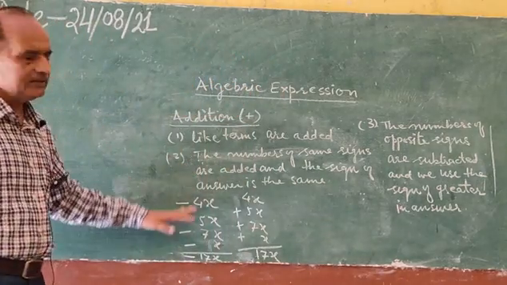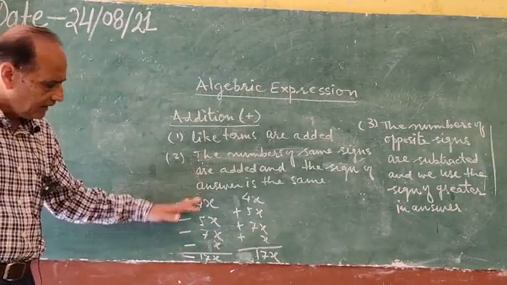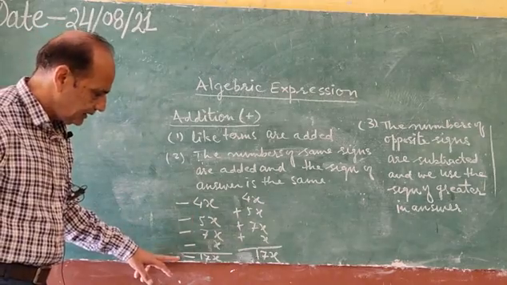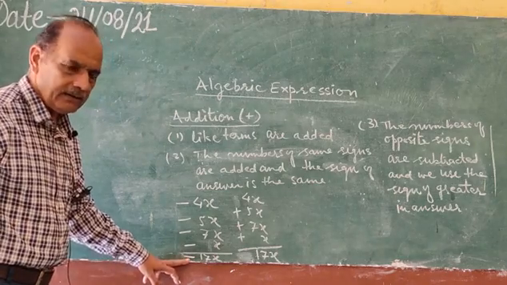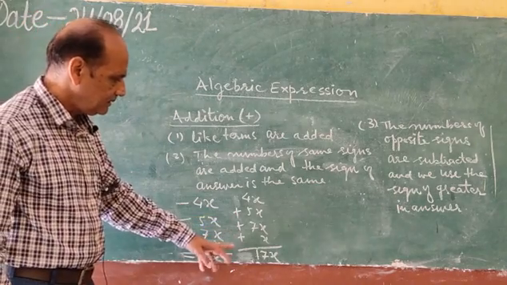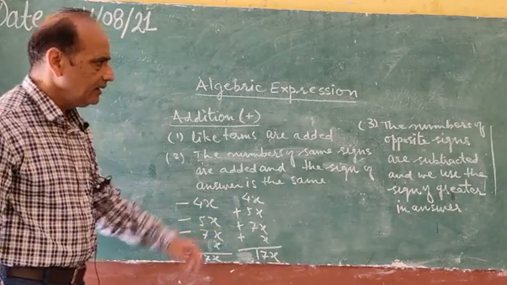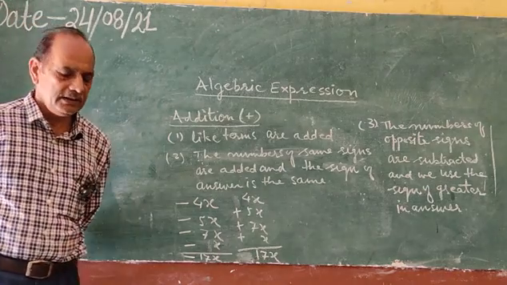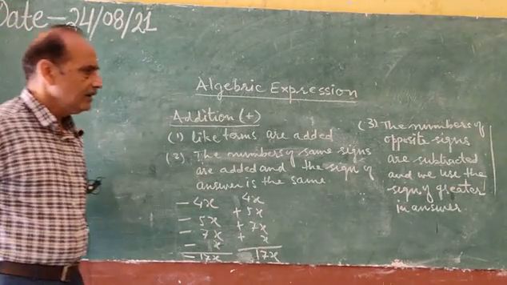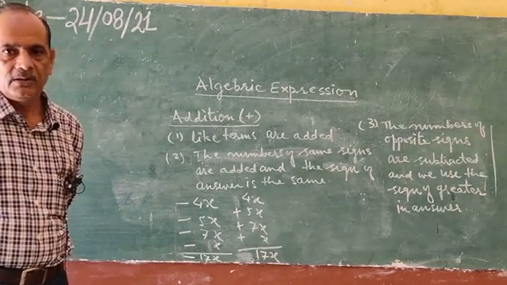Here are the numbers of same sign, so these are added and the sign of answer is same. Minus minus minus, answer will be minus. Plus plus, answer will be plus. But when there are two numbers and they are of different sign, then we subtract them.